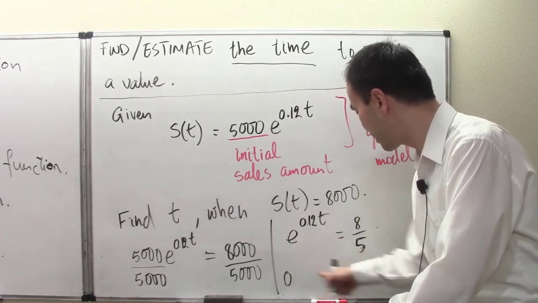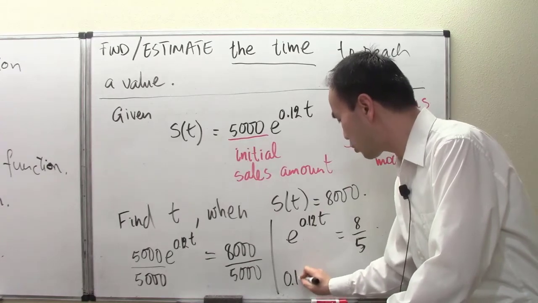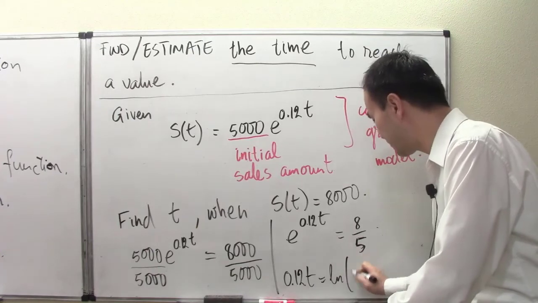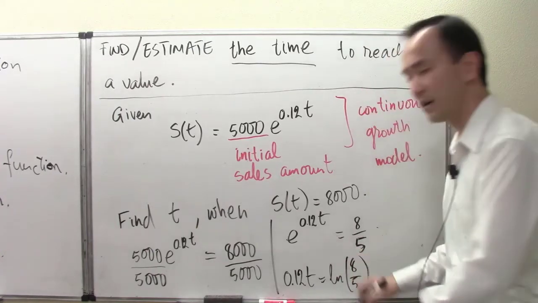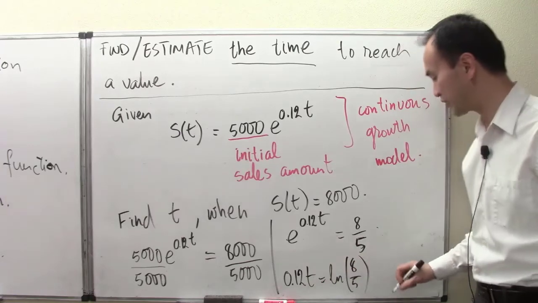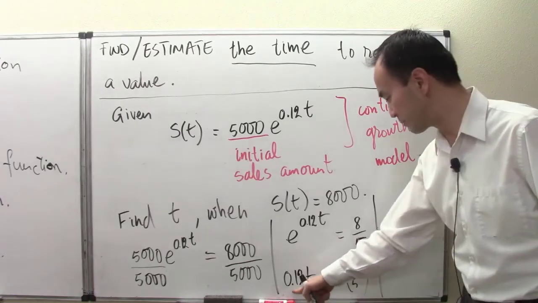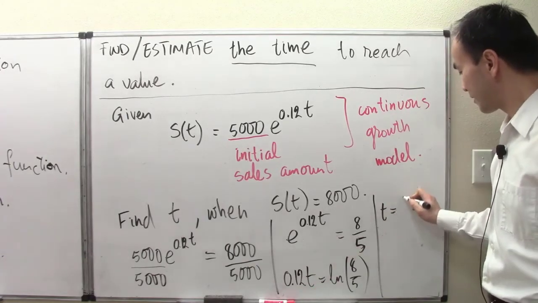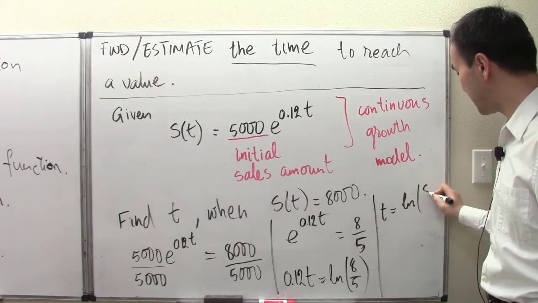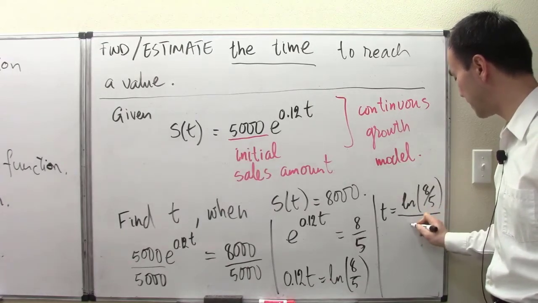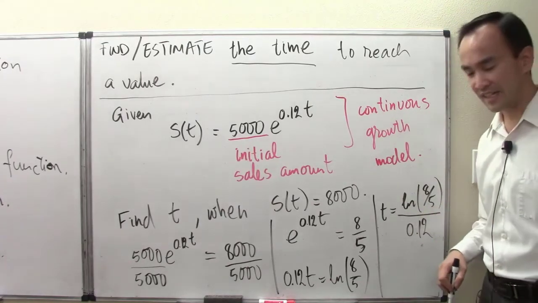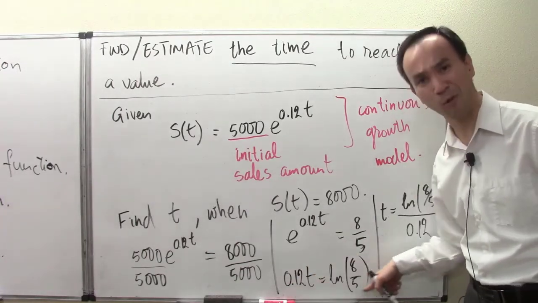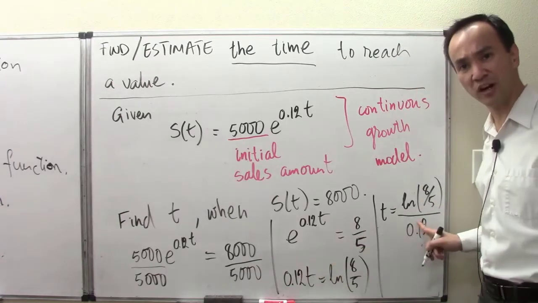In the next step, I can rearrange this as 0.12t equals the natural log of 8/5. Now I can divide both sides by 0.12 to get t equals the natural log of 8/5 divided by 0.12. My board is narrow here, so allow me to skip showing the step of dividing both sides by 0.12. That's what I did to arrive here.